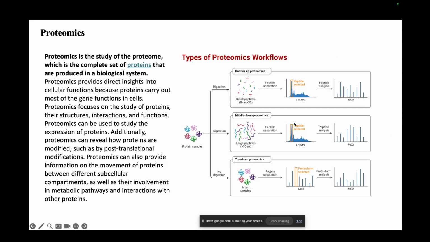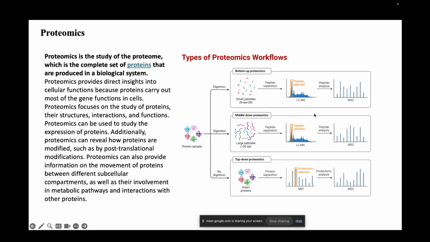So we have three broad types of proteomic approaches, which is bottom-up proteomics. You chop the protein into smaller segments, and in proteomics we do sequencing through a technique called mass spectrometry.